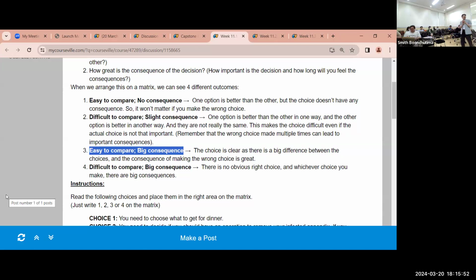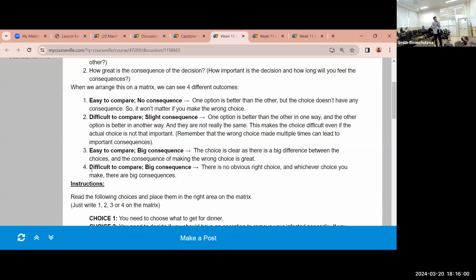Okay, this is something that you have to carefully make decision. The fourth one, difficult to compare, and the consequence of the decision is big. Okay, electing a new president, very difficult to compare because this person is good in this point, but in the other aspect, he's not as good as the other.